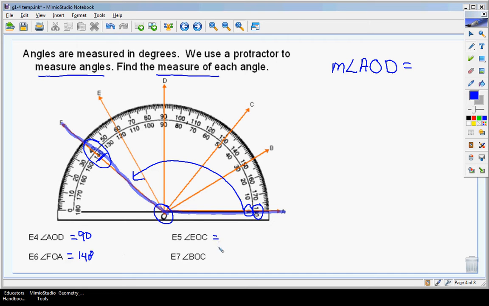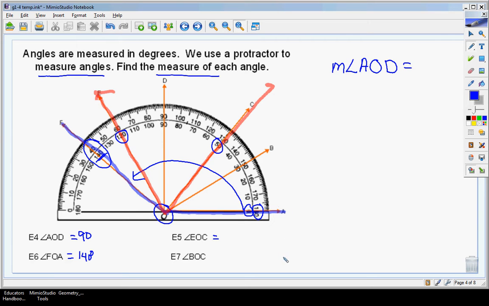Now, when I go to find angle EOC, it didn't start at 0 in any case. Pick 2 numbers, either from the inside or the outside.